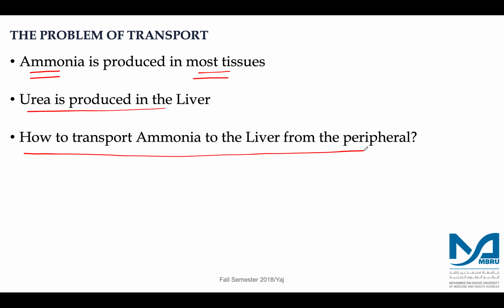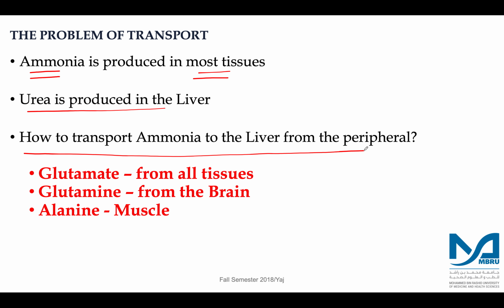And in our course, we have to study 3 modes. So it is transported in the form of glutamate from all tissues, glutamine from the brain, and alanine from the muscle. So coming back again, ammonia is transported, and we have already talked about the glucose alanine cycle.